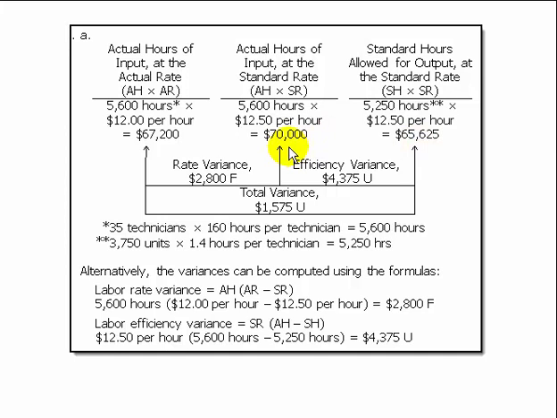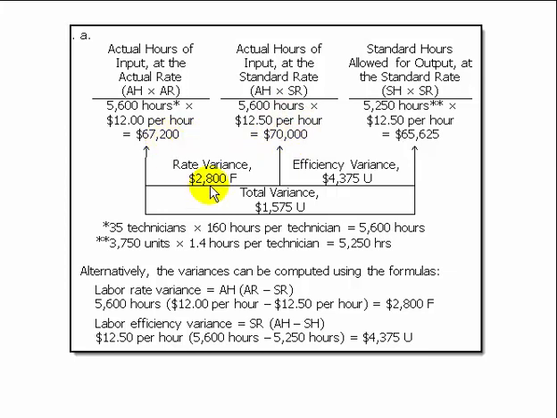But we need to compute the middle ground, is what I call it. And how we do that is we move over the actual hours to the middle, and then we move over the standard hours to the middle. So we wind up with actual hours at the standard rate, and if we multiply that, we have 70,000. Compare 70,000 to 67,200.